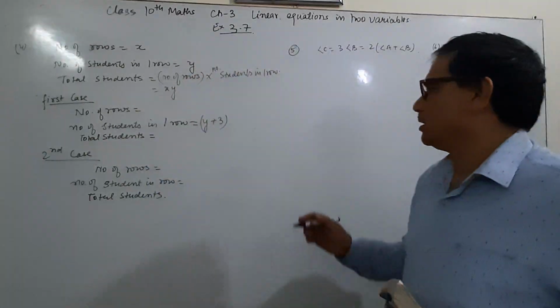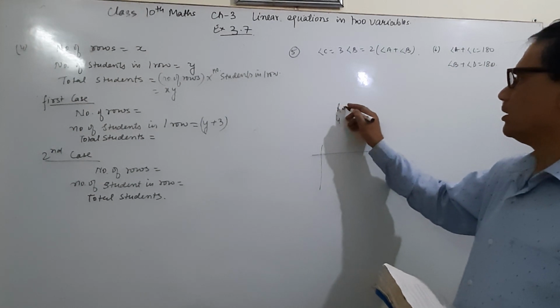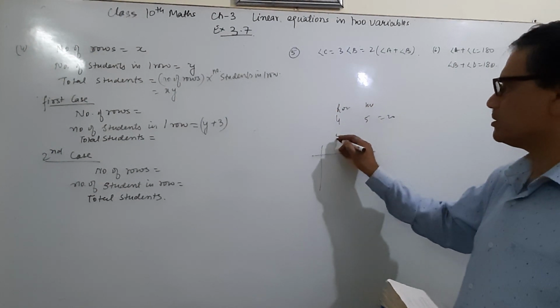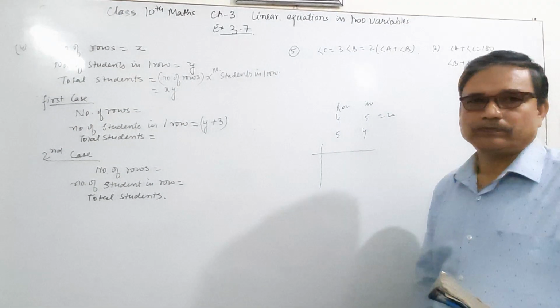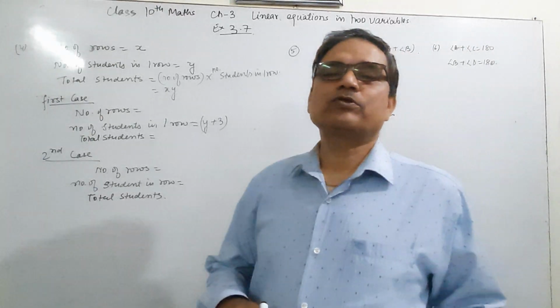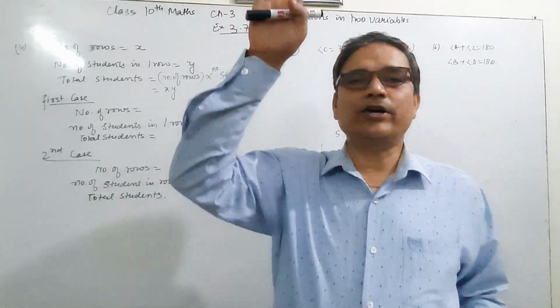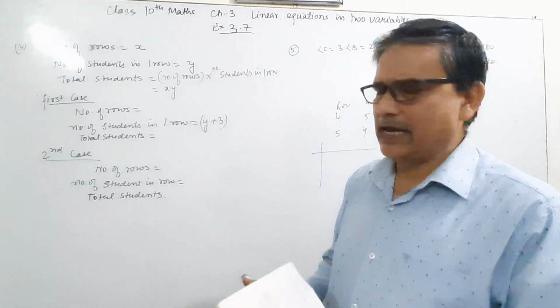For example, if 4 rows are there and number of students in one row is 5, this will be 20. If we say 5 rows, so number of students in one row is 4. अगर number of students एक रो में बढ़ाए जाएंगे, then number of rows will reduce. So by how many? One row is less.